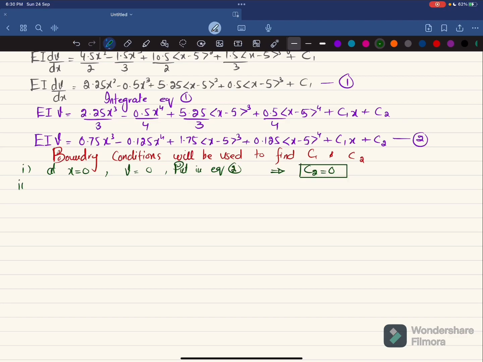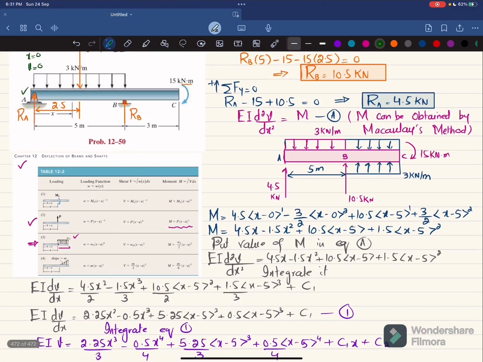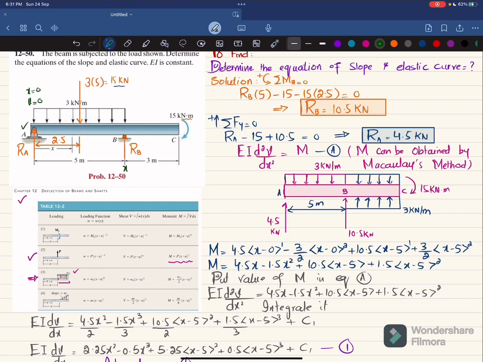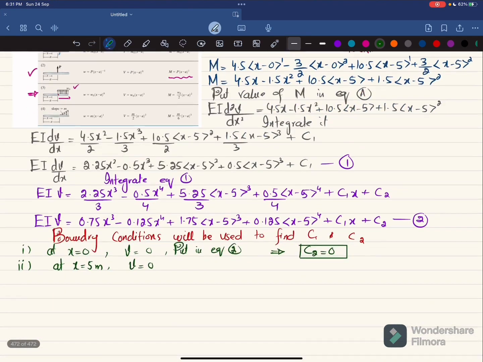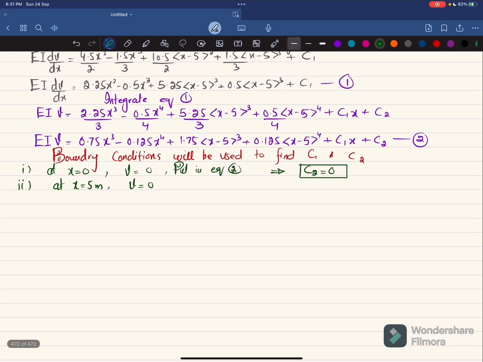Now we will apply the second boundary condition. At x is equal to 5 meter, we have deflection is equal to 0 because there is a roller support over here. So put it in equation number 2.